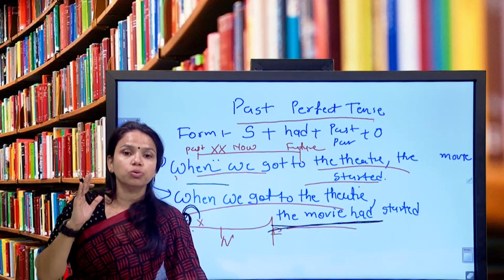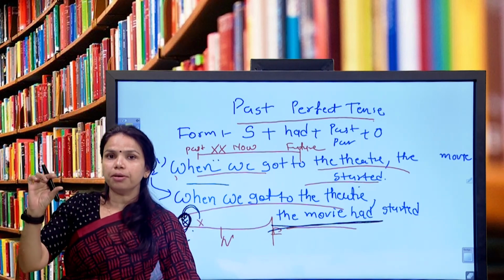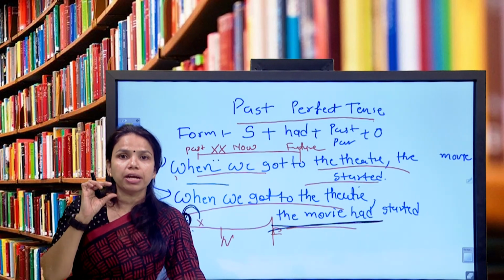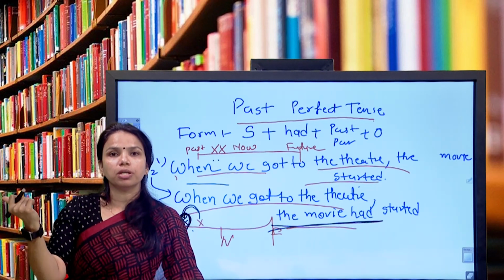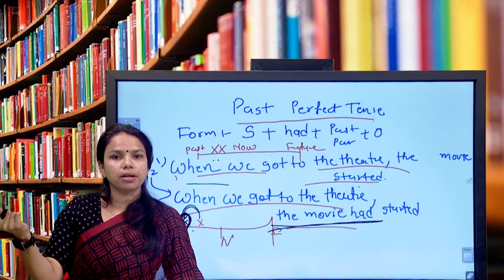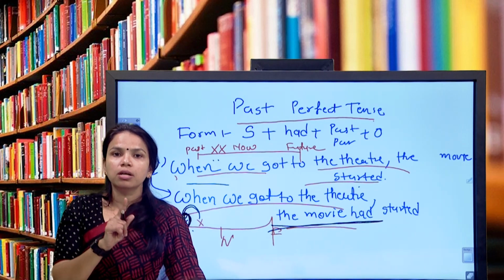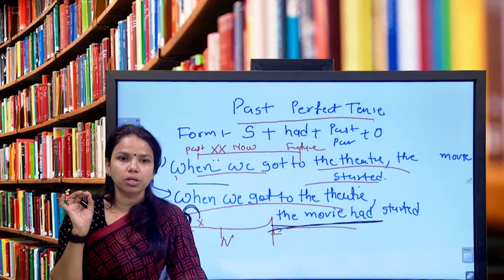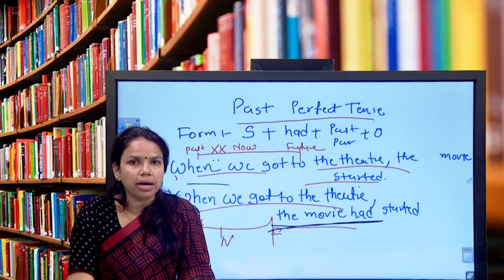So this statement we have to structure in past perfect tense: subject, verb, object. The movie had started. And the other sentence we mention in simple past tense: when we got to the theater. I hope this is clear in your mind, right?